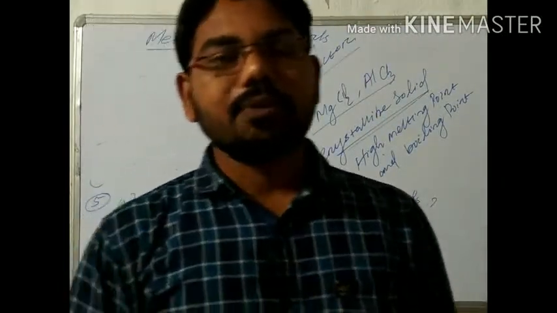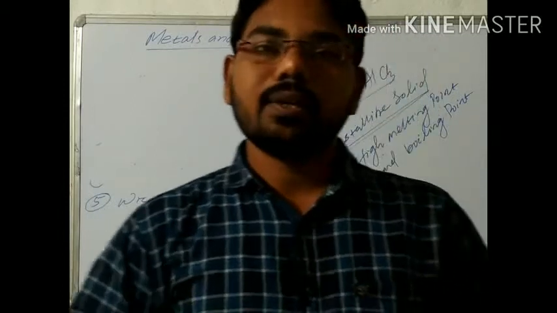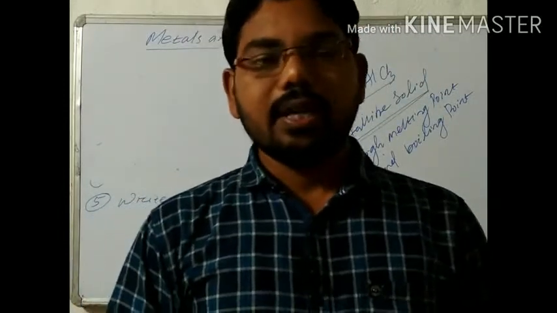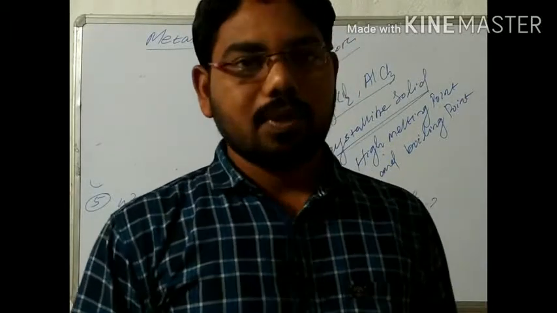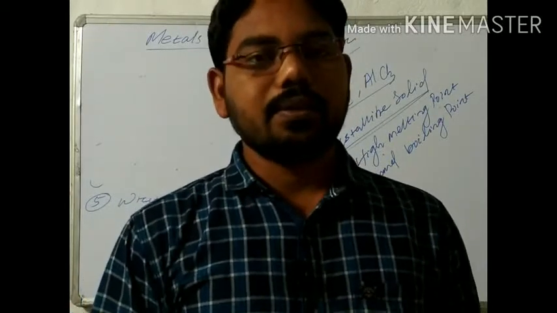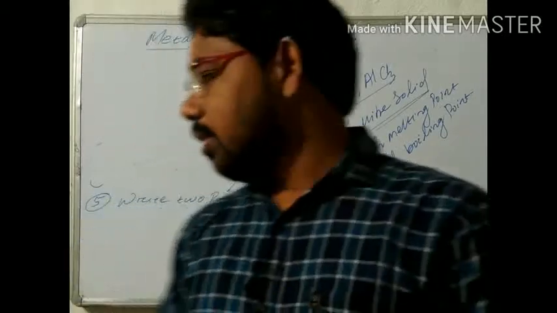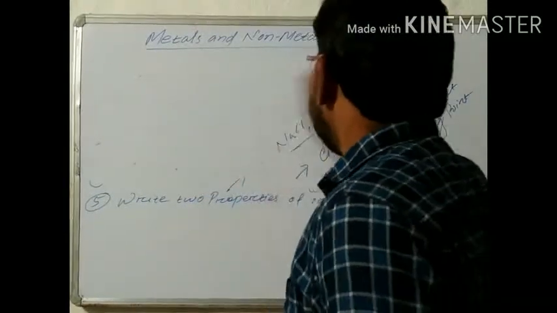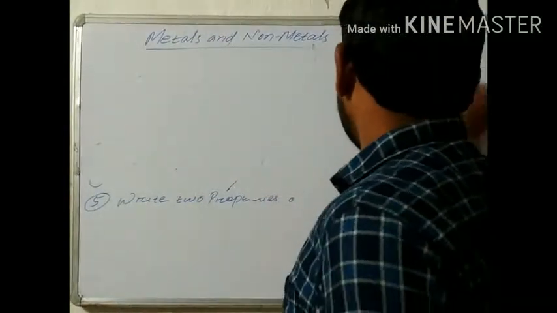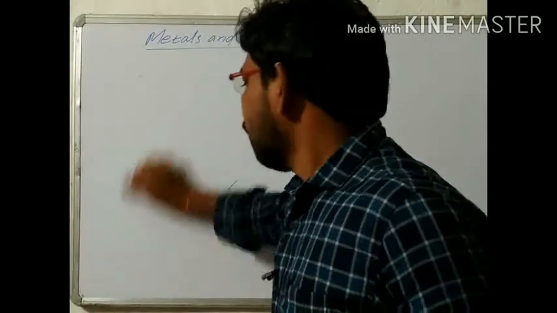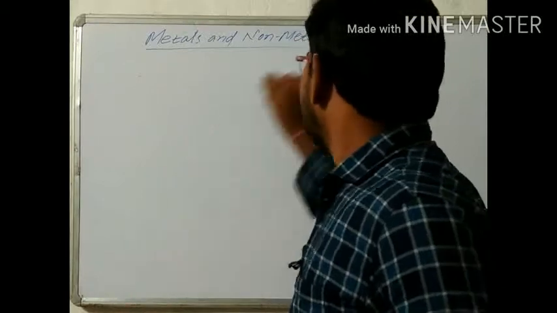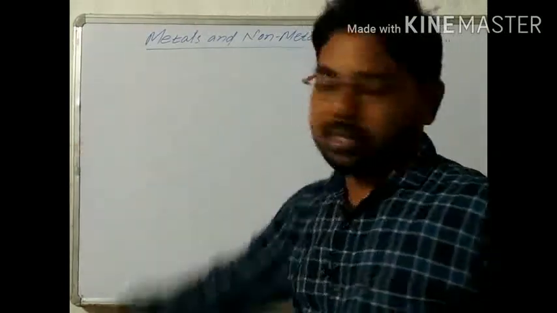Only in aqueous solutions or molten state can they conduct electricity, but in their solid state they do not conduct electricity, because in the molten state the ions are free to move. That's why they can conduct electricity. So this is a most important question which commonly comes in exams. Next we will discuss some 1 mark questions or short type questions.